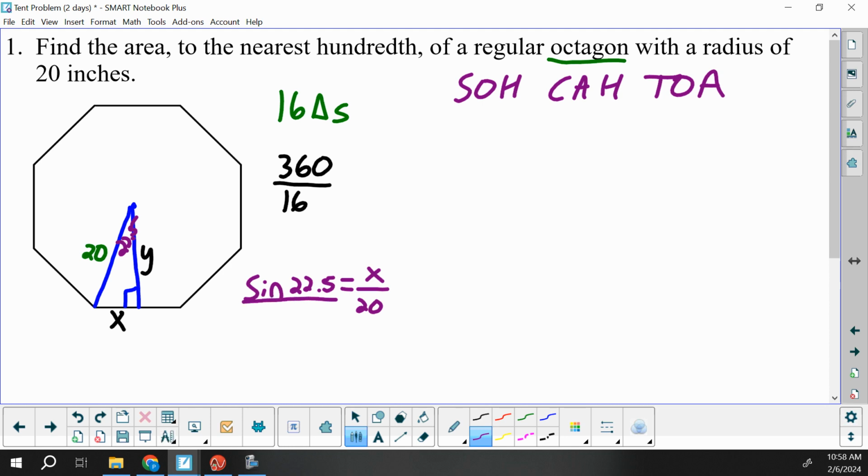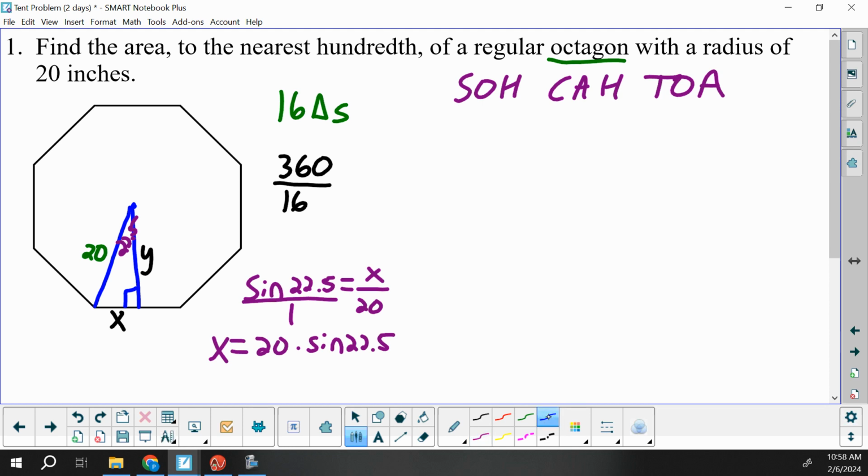We put the sine 22.5 over 1 because it's just a number, and we're going to cross multiply. 1 times x is just x. And then going the other way, we'll have 20 times sine 22.5. And we're going to leave that alone for right now.